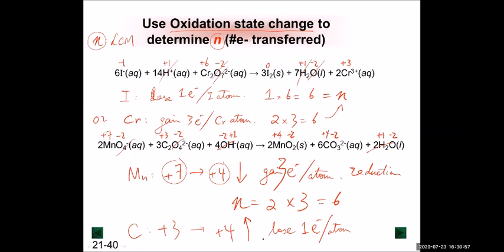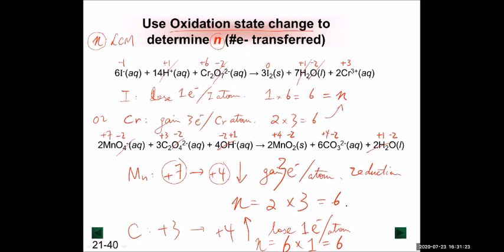How many electrons are lost in total by the carbon? It depends on the number of carbon atoms. Look at the equation: there are 3 oxalate ions, and each oxalate has 2 carbons, so the total number of carbons is 6. Each carbon loses 1 electron, so this also gives me 6.